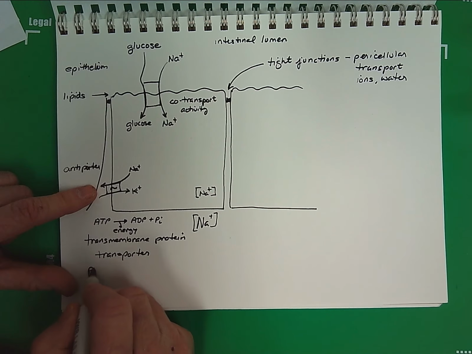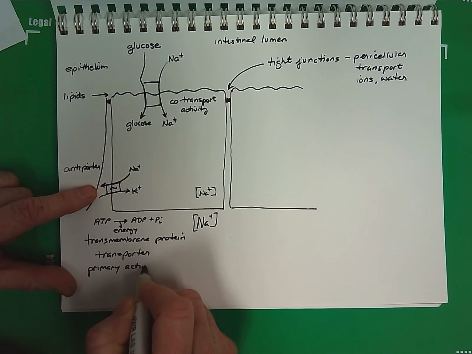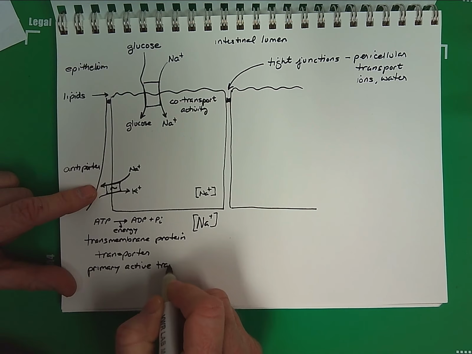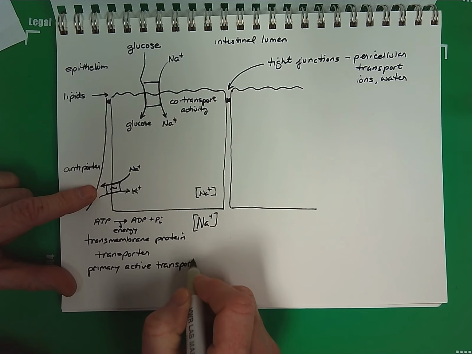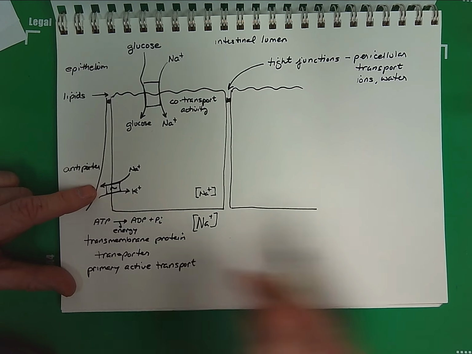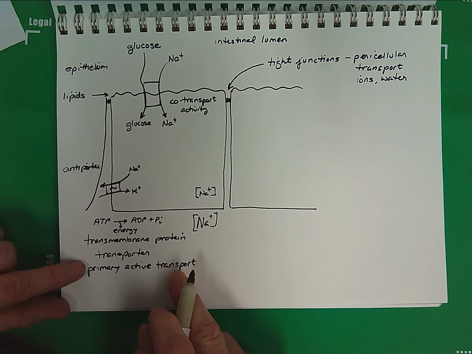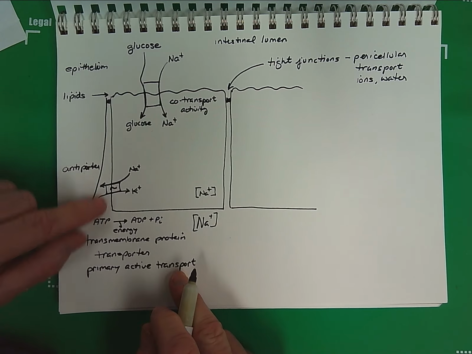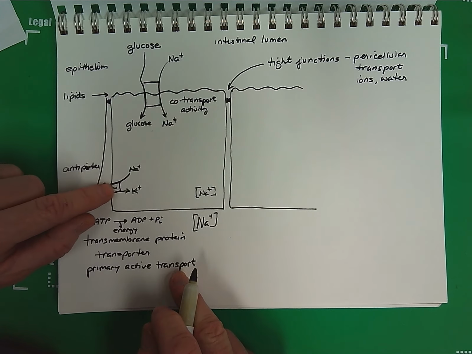This process is called primary active transport. Primary active transport is a transporter that uses energy, ATP, and acts as a pump. So we are literally pumping sodium out of the cell.